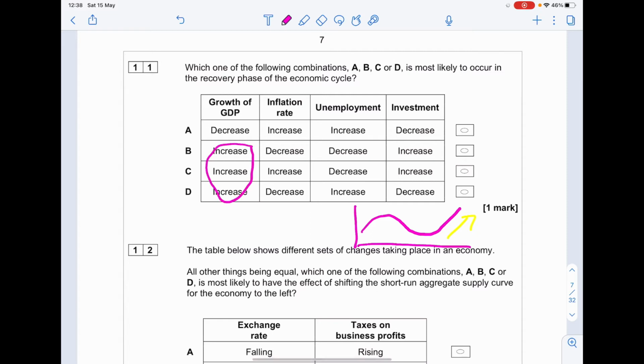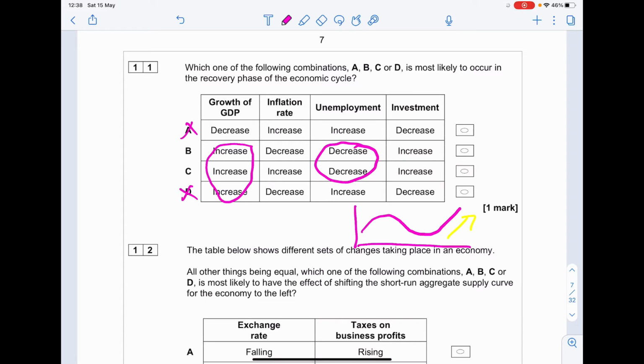So it's definitely not A. Next, easy, is unemployment. If you've got economic growth, the economy is growing, you need more people to produce the extra output, then you're going to get a decrease in unemployment. So that's going to be one of these. So we're now down to B or C.